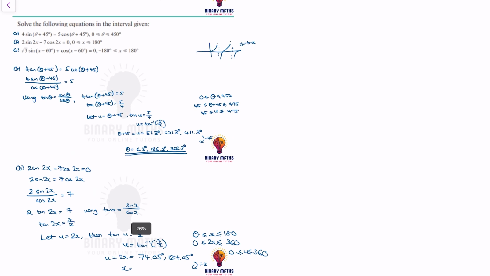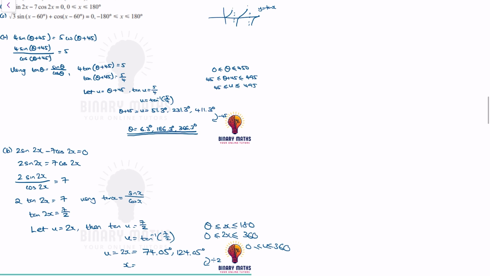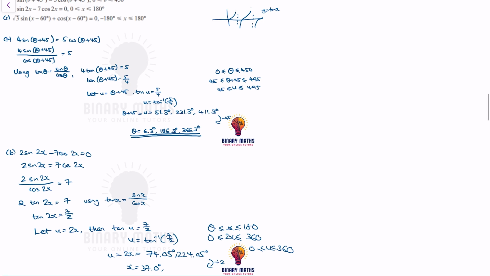So all I need to do is divide by 2 to find x. When I divide 74.05 by 2 and round to one decimal place, I get 37.0 degrees. Oh sorry, I made a mistake. 74.05 plus 180 is 254.05.